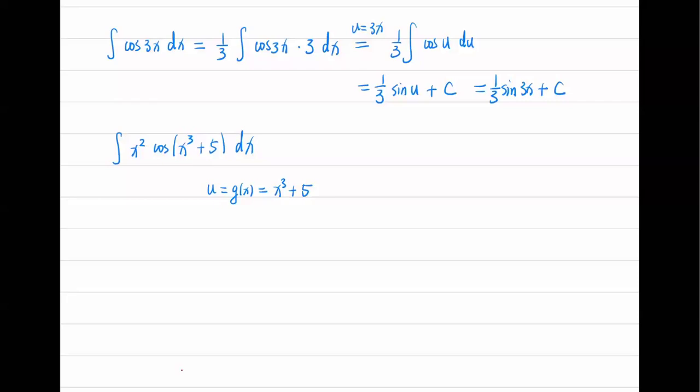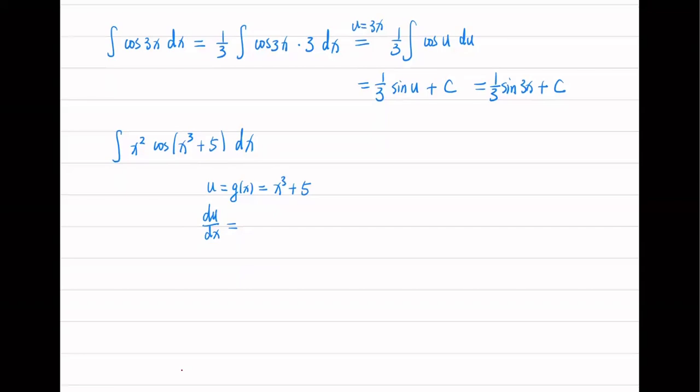If we have this, what's the derivative? So how do you take a derivative of this? 3x squared.